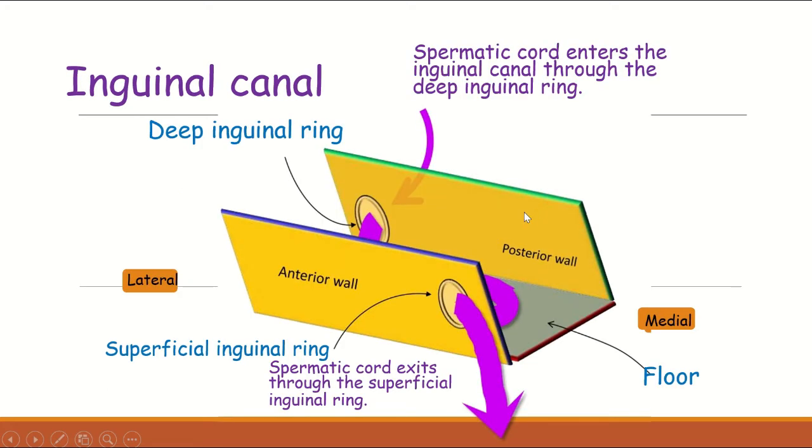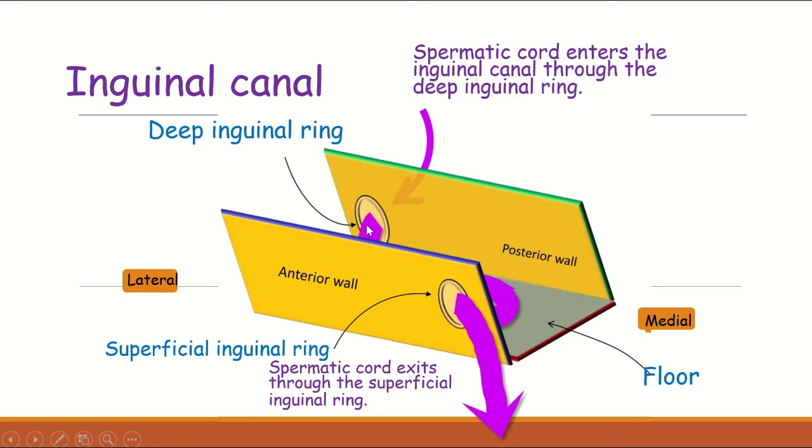Now in this diagram, you can see the content of this inguinal canal, that is the spermatic cord in males, entering through this deep inguinal ring, which is present in the posterior wall. So this opening in the posterior wall is the deep inguinal ring, and it provides the entry of the spermatic cord in males.